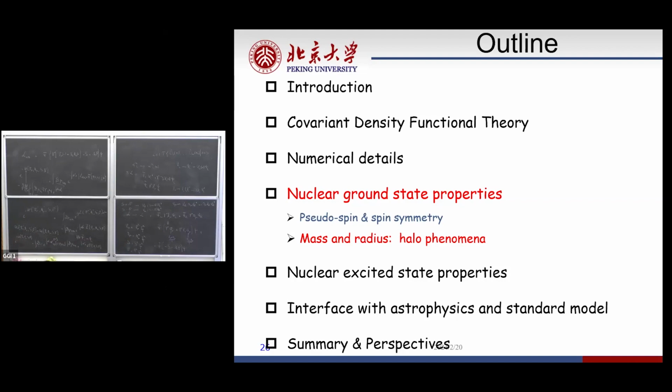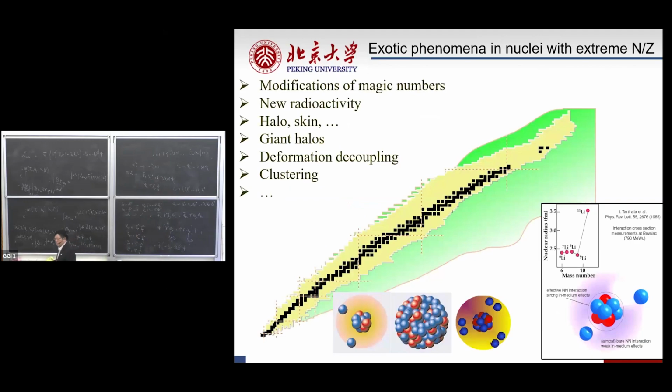Coming back, after examining the single particle level, we go to the other properties. The important things, for example, the mass and radius, are the most important ones. The mass and the radius, we already know, could tell us about the information of the halo.